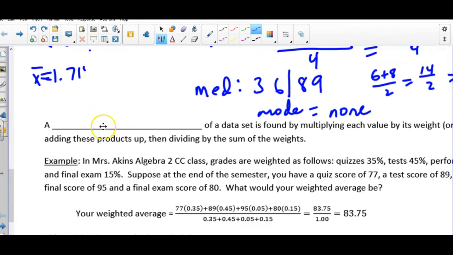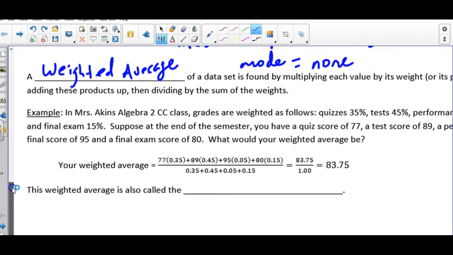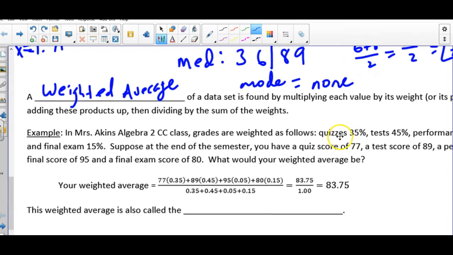Next for this one right here, we have what's called a weighted average. Basically, you assign percentages or weights to the elements in your set. So in this set, you have a quiz.